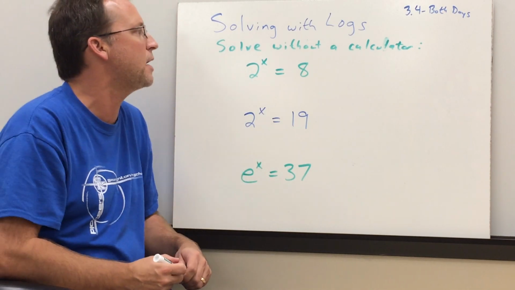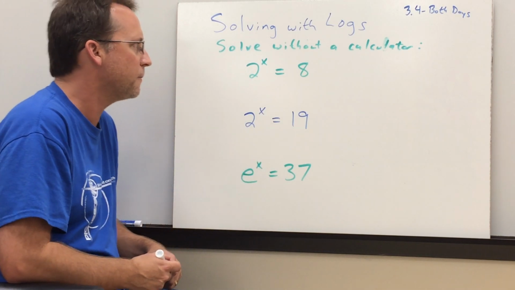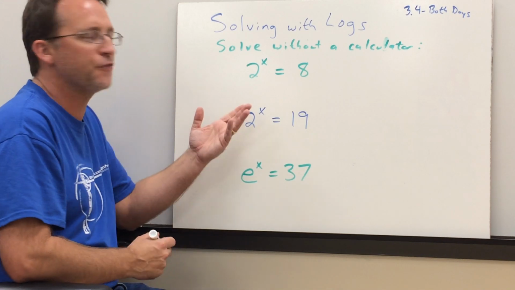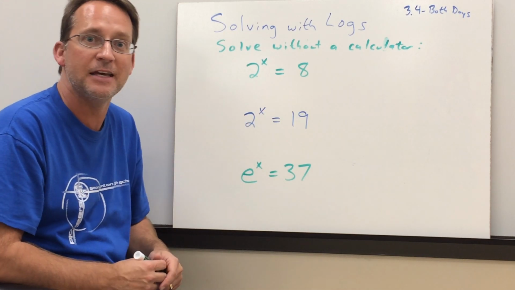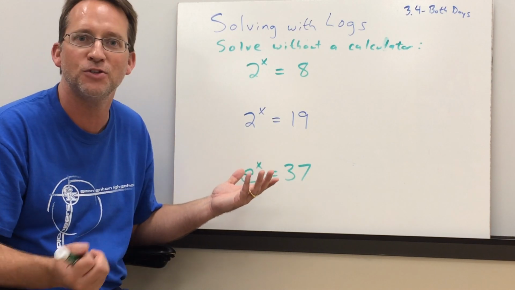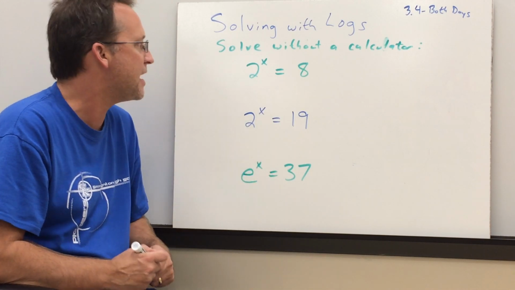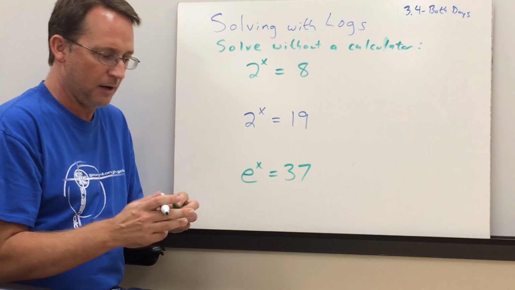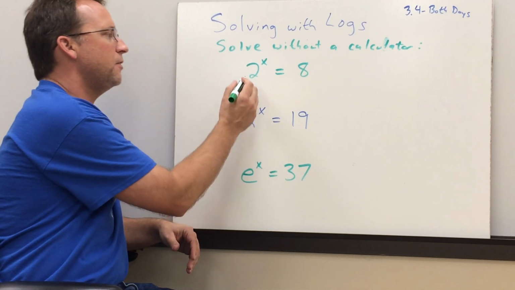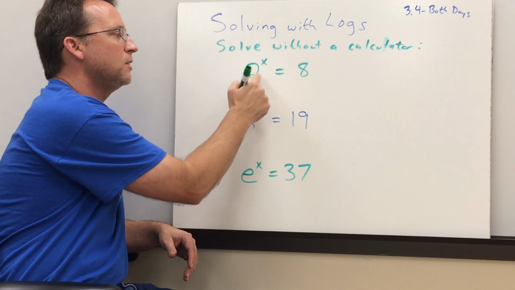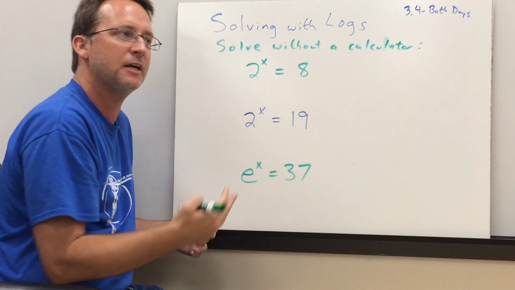So we've started with a few exponential equations here that we want to solve without a calculator. Well, the first one I made intentionally really easy because you should be able to tell that 2 to the third power equals 8. But I wanted to point out that we can use a log to cancel out an exponential.